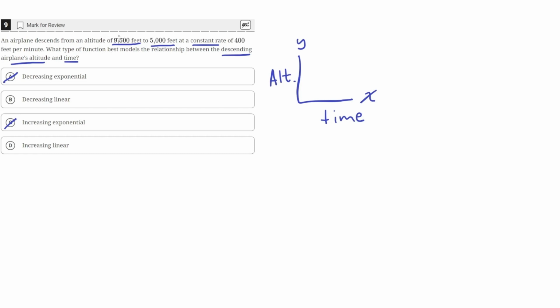So here it's going from 9,500 feet to 5,000 feet, which means the function will have a negative slope, which means it's a linear function that will be going down. So the altitude will be decreasing. So it can't be a linear increasing function because we need the altitude to be going down. So the function that best models this would be a decreasing linear function. That would look something like this.